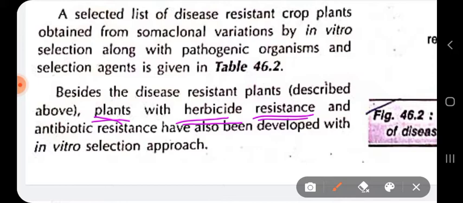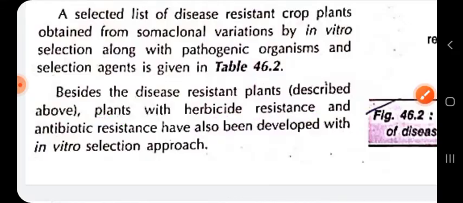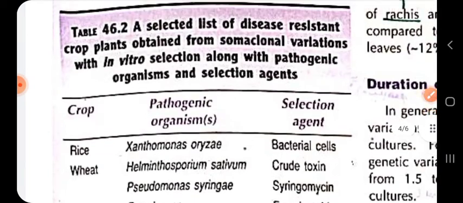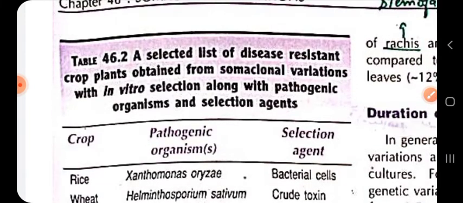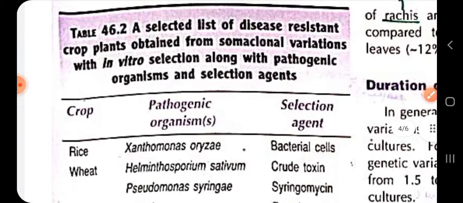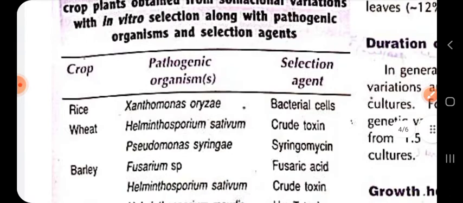An antibiotic approach has also been shown here. Now, this is a selected list of disease resistant crop plants which are obtained from somaclonal variations with in vitro selection, along with the pathogenic organism, and selective agents are also shown.